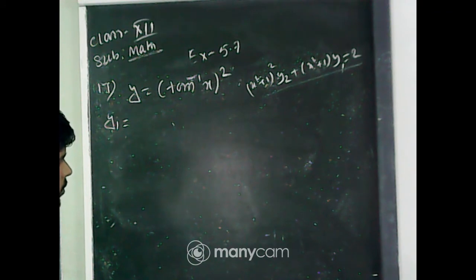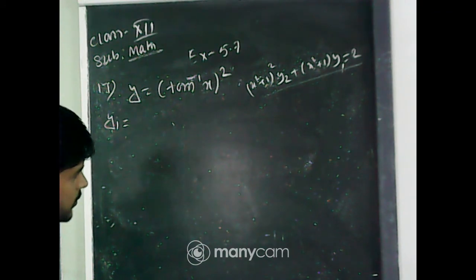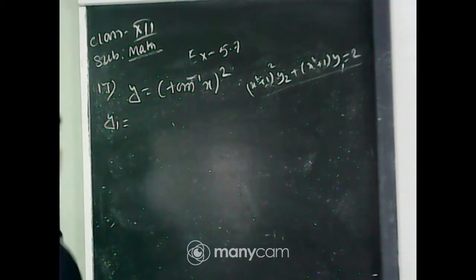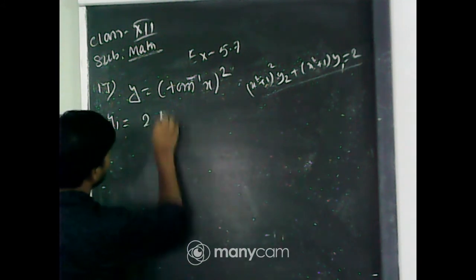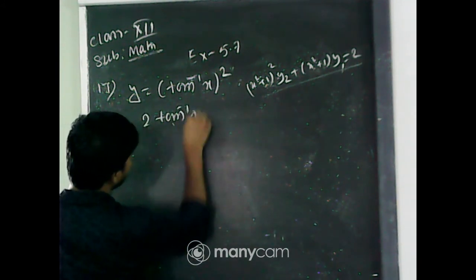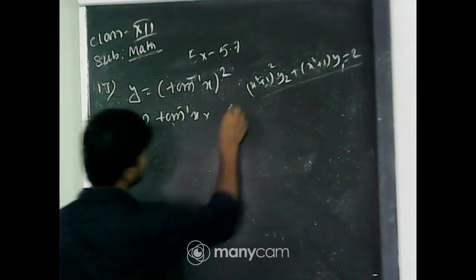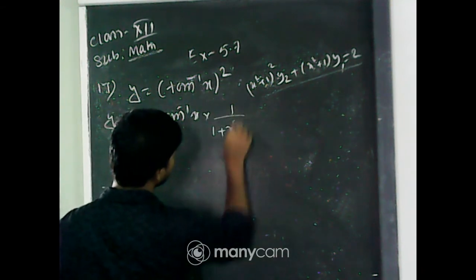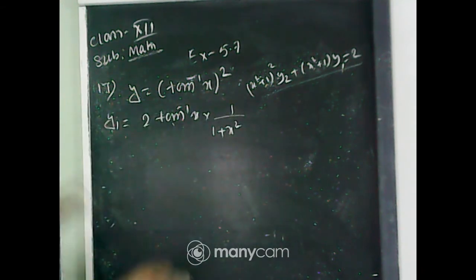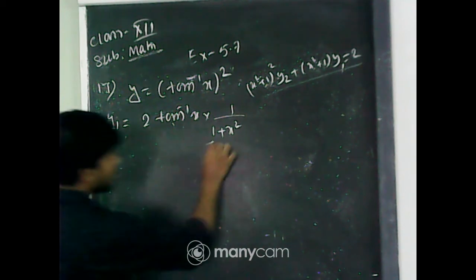Two tan inverse x by 1 plus x square. Very good. So it will be 2 tan inverse x into the derivative of tan inverse x, which is equal to 1 by 1 plus x square.